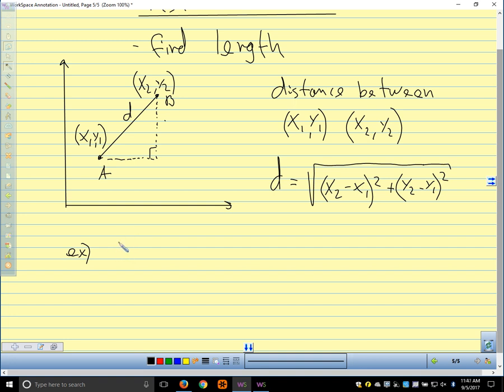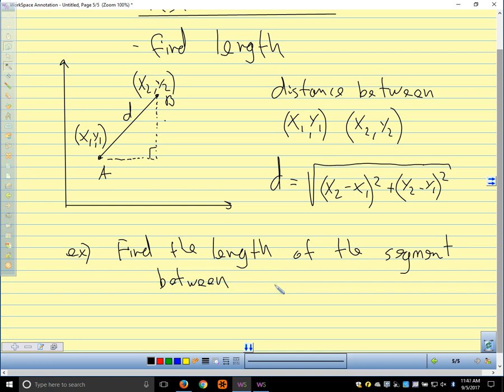So I want to find the length of the segment between -3, 6 and -4, -3. So we have a segment in the plane between these 2 points.